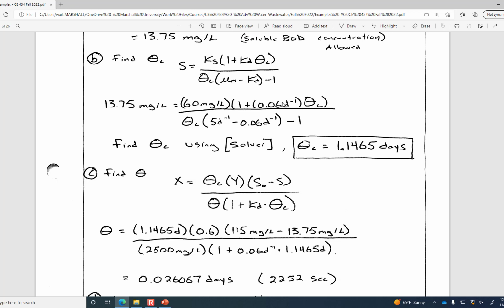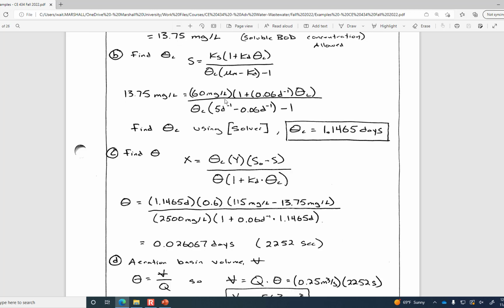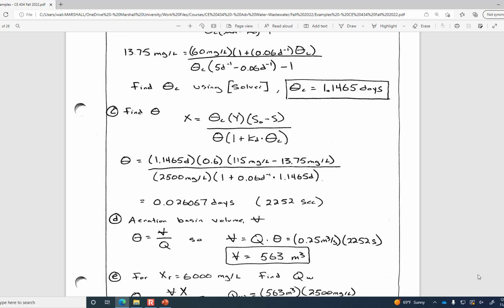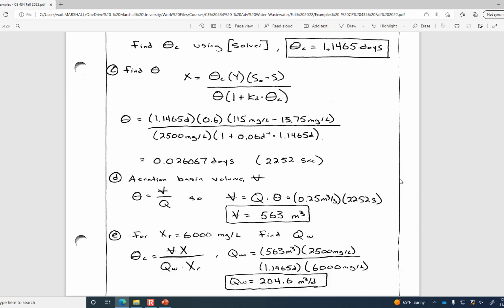And then what we did last time was we took that hydraulic detention time and the flow rate of the water that's being treated, and we calculated from that the volume of the aeration basin that's needed. And then just the final step that we didn't get to in Monday's class was calculating the rate that the sludge should be wasted. So it's this last part, part E, that we didn't get to before, the sludge waste rate.